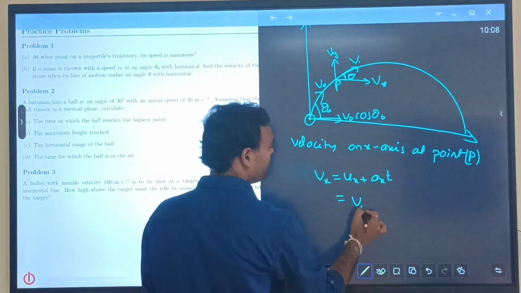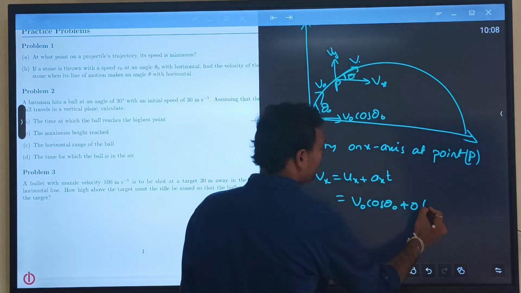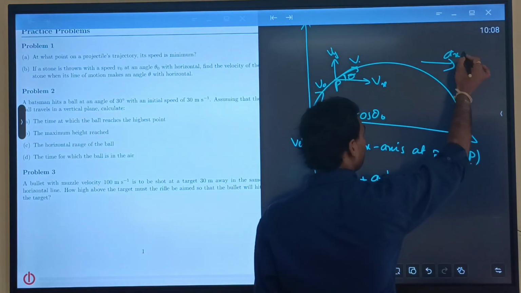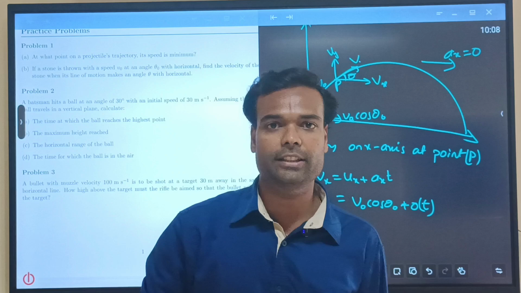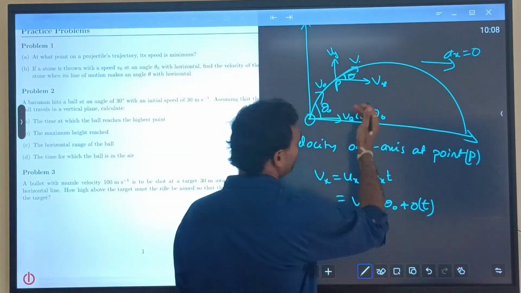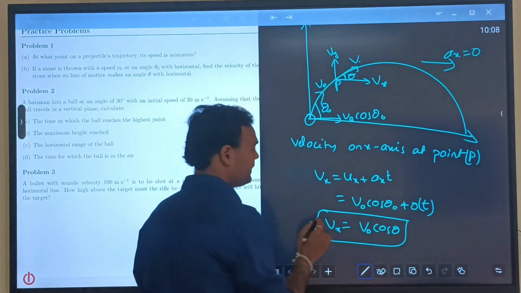So this will be v naught cos theta naught plus 0 into t, because as I told you, until and unless they represent any acceleration on the x-axis, we do not consider any acceleration on the x-axis. So this will be 0. Next, vx will be v naught cos theta naught. This is the velocity on the x-axis.